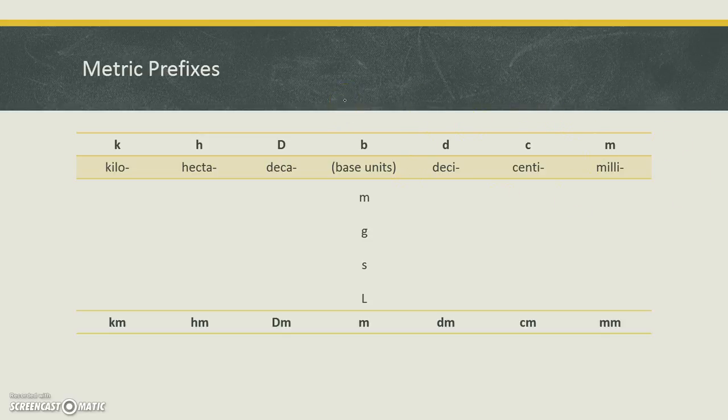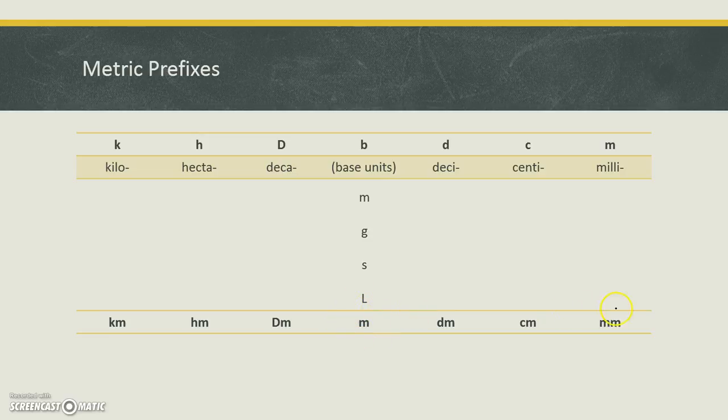All right, so for example, for meters, we would have kilometers, hectometers, decameters, just meters, decimeters, centimeters, and millimeters. Now, a lot of people get confused with the M for meters. They think if I'm asking you to go to millimeters, they'll go to here.